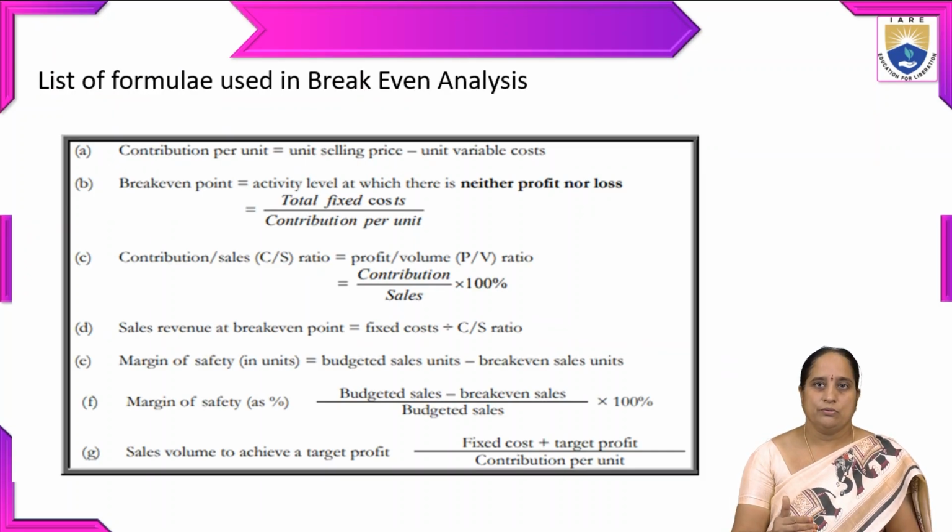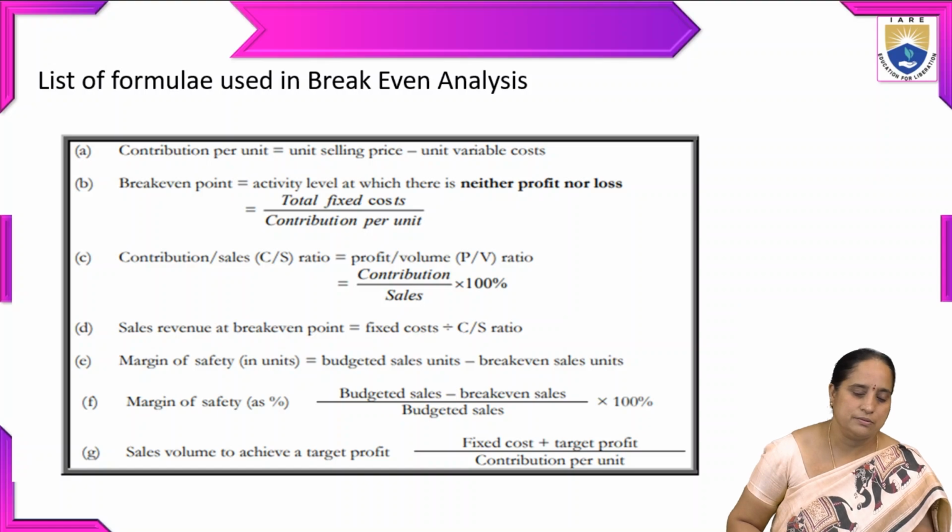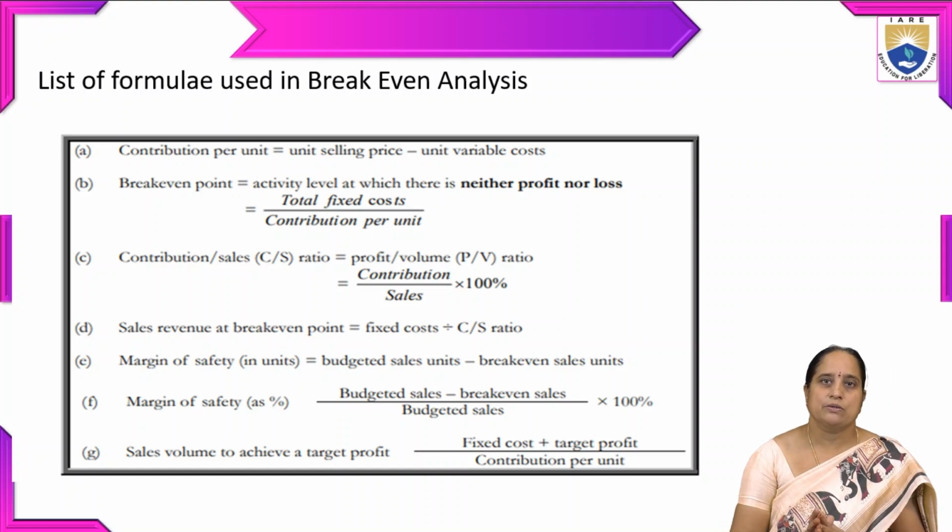Before entering into break-even analysis, first of all, we should see the list of formulas used in break-even analysis. The first one is contribution per unit. Contribution per unit can be derived by using the formula unit selling price minus unit variable cost. And break-even point can be calculated in two ways.